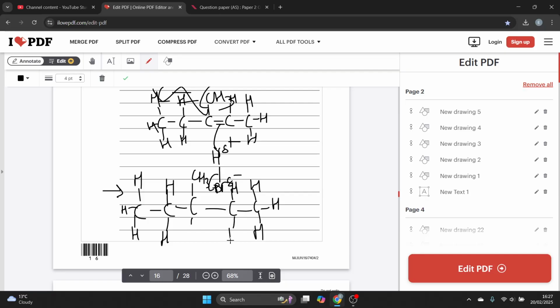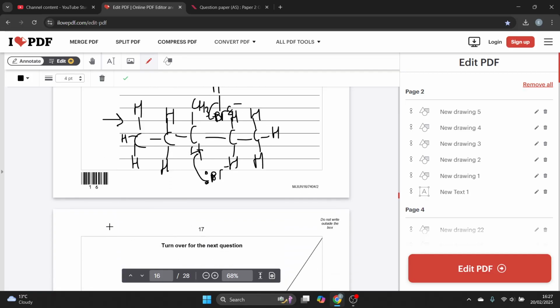So the hydrogen will be here and the positive charge here, lone pair of electrons on Br minus here, bonds here, and then you form the product.